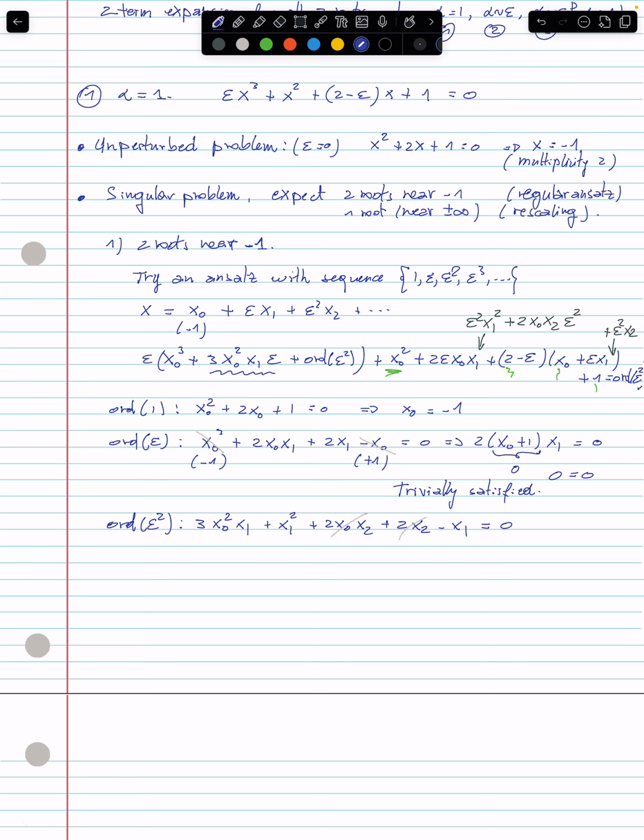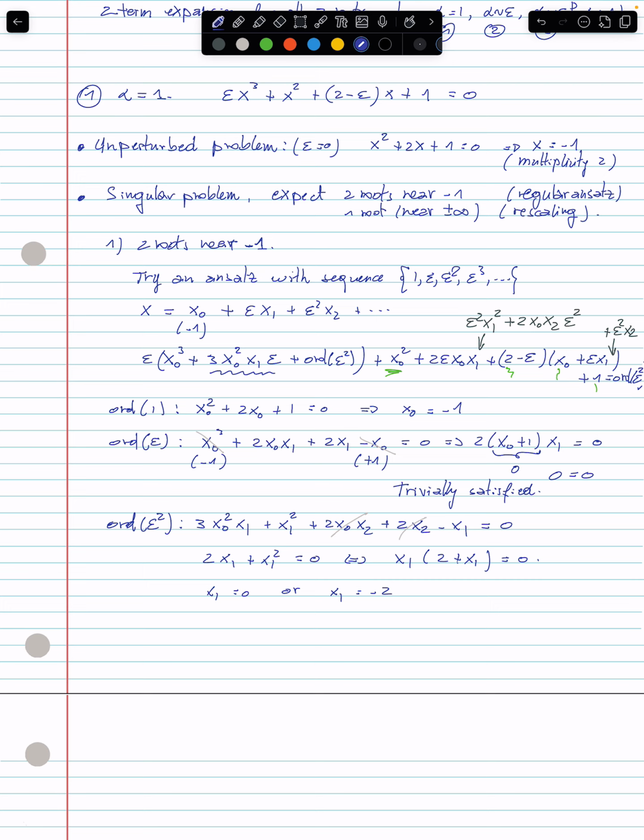What we are left with is 3x0 squared, which is 3 times x1, minus x1, so we have 2x1 plus x1 squared is equal to 0, which means x1 multiplied by 2 plus x1 is equal to 0. So we have x1 equal to 0 or x1 equal to minus 2.